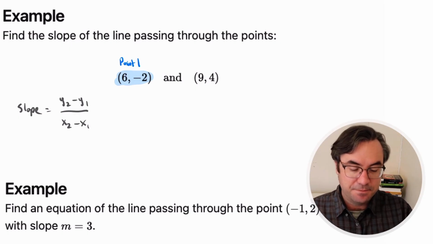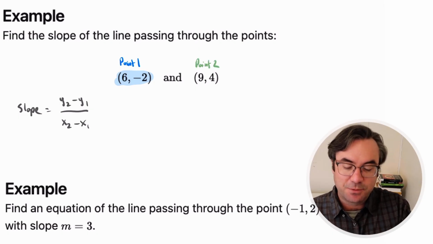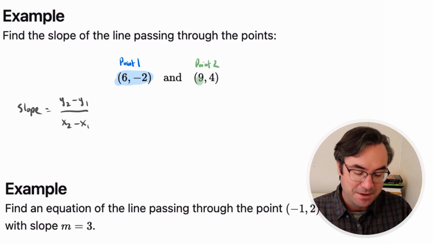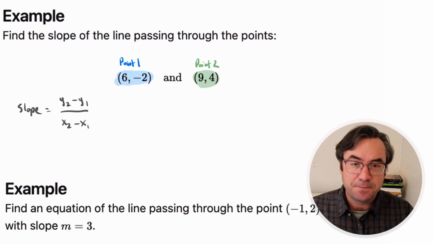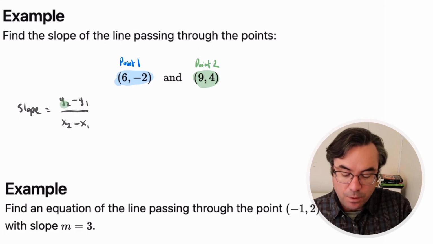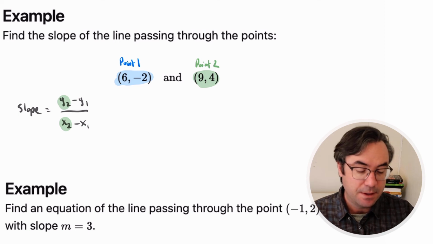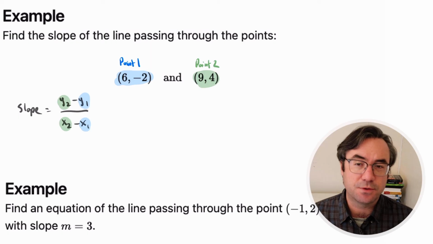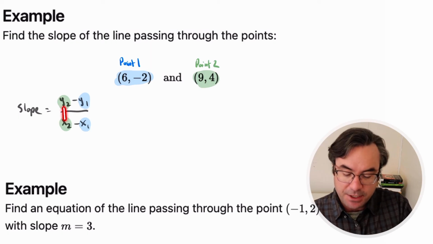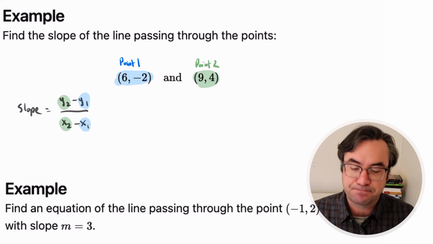And the other one, it's written second, so I'm going to call that one point 2. All right. So when we fill these coordinates in, I'm going to take the y-coordinate and the x-coordinate from point 2, put those first. And then I'll take the y-coordinate and the x-coordinate from the other point and put those second. And you just got to be careful. Make sure that these match up, that they're coming from the same point.